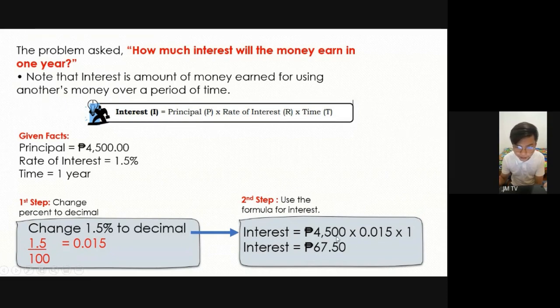Yung 4,500 ito yung principal. 0.015 rate of interest. And then, yung time natin times 1. Pag minultiply niyo to, ang ating magiging sagot ay 67.50. Understood? So, yung kanyang pera, tumubo ng 67.50 pesos in 1 year.